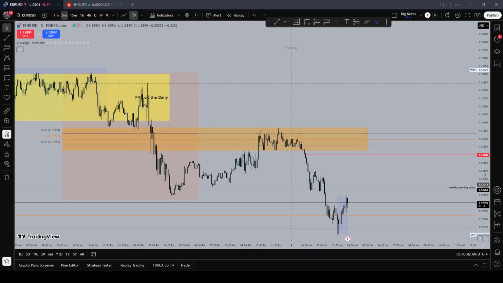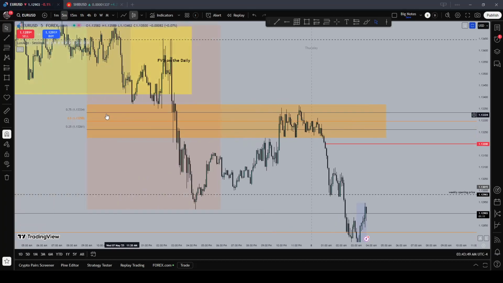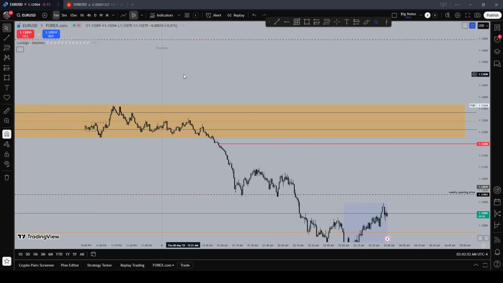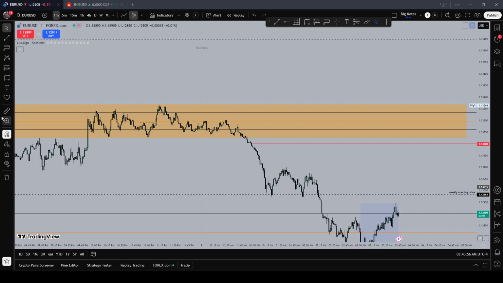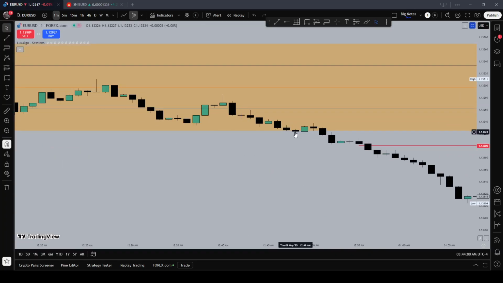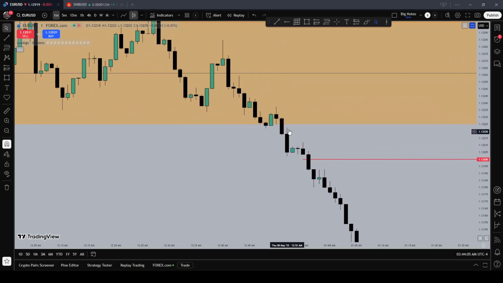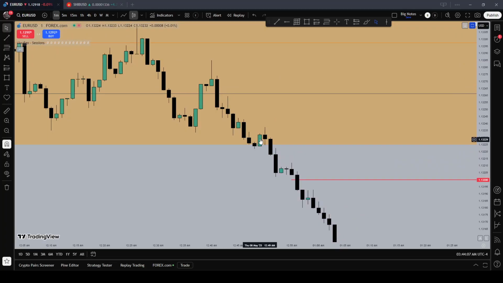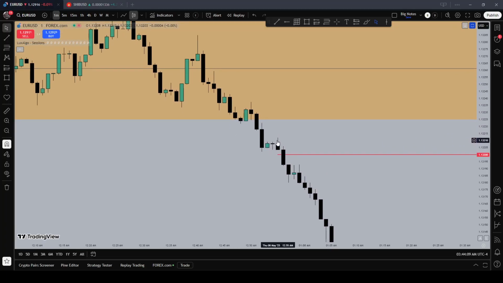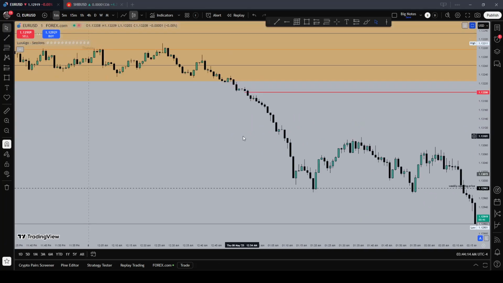That was more than enough confluence for me to take a short, exiting this 4-hour gap right here, as you can see, and was shown on the 1-minute time frame. There, you can see price clearly leaving and just giving you entries on entries on entries from that point forward.